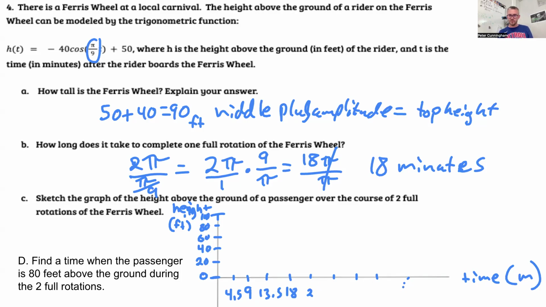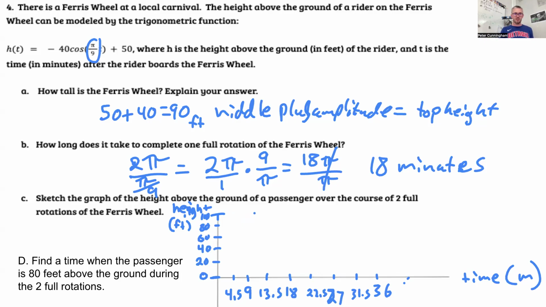And again, we're doing 2 full cycles. So 1, 2, 3, 4, right here would have 36, 27 in between there, 31 and a half, and 22.5.